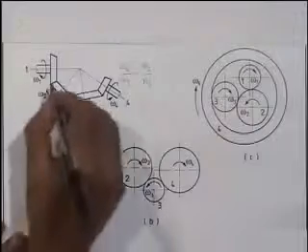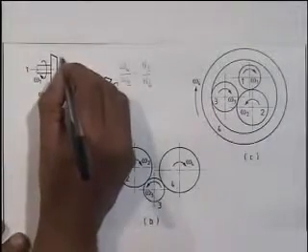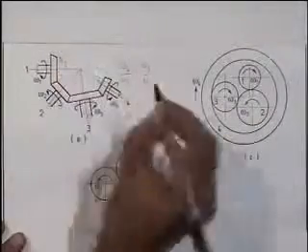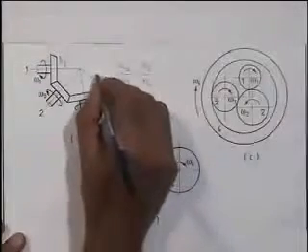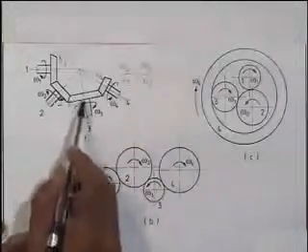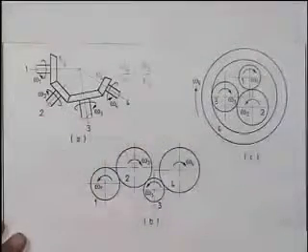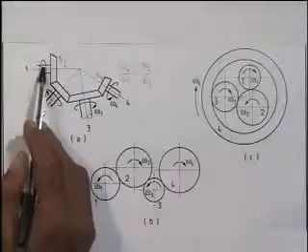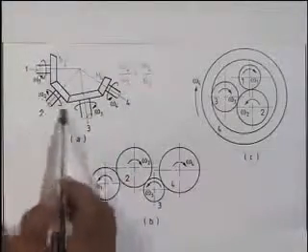But N1 is the number of teeth on this gear and N4 is the number of teeth on the final gear. The intermediate number of teeth are totally unimportant. And the direction of rotation we see as we have shown in this drawing.